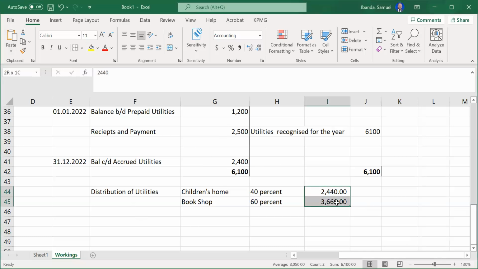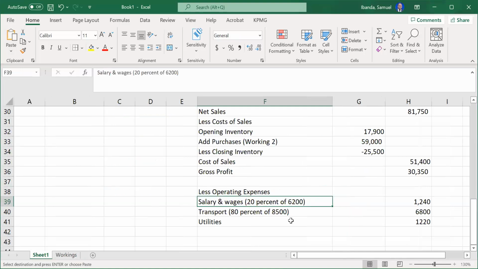So this is the distribution. Okay, so I'll just copy this and bring it here. So that is the right figure.